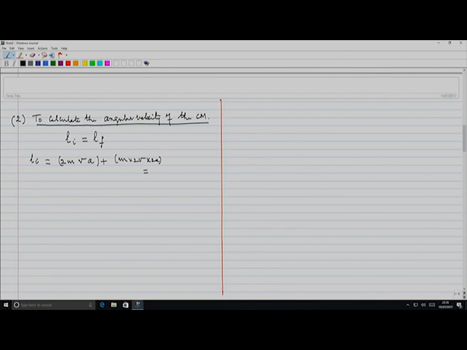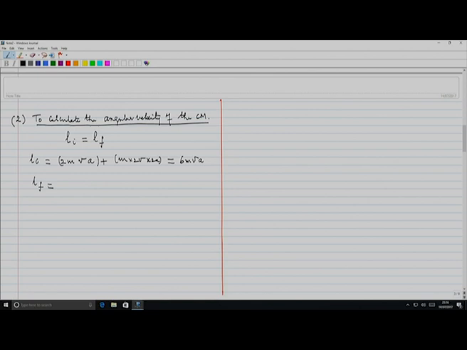What will be this value? This value would be 2 plus 4, 6 mva. That is the initial angular momentum. So now the final angular momentum.